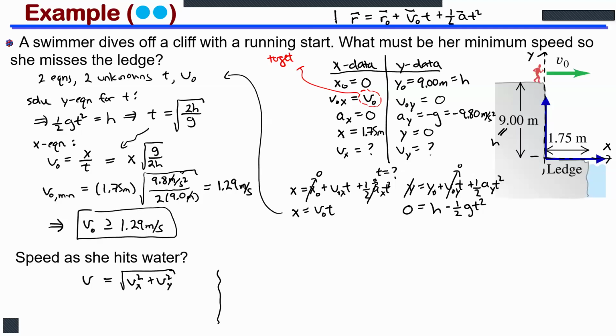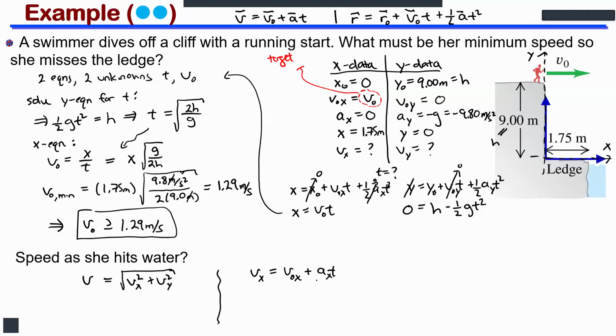And looking at our formula sheet, the one that seems the most relevant would be v equals v naught plus at. So writing that in components, we have for the x component, vx equals v naught x plus ax t.